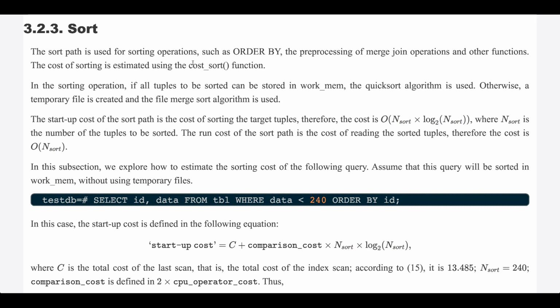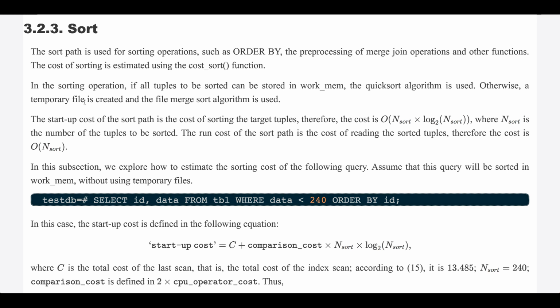3.2.3 Sort. The sort path is used for sorting operations, such as order by, the preprocessing of merge-join operations, and other functions. The cost of sorting is estimated using the cost_sort function. In the sorting operation, if all tuples to be sorted can be stored in work_mem, the quicksort algorithm is used.